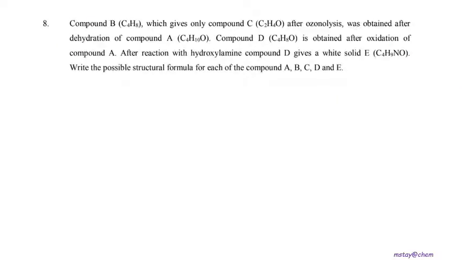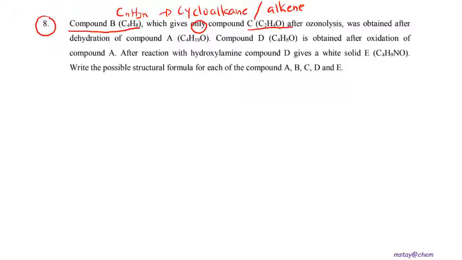Okay, continue with tutorial question number 8. Compound B, C4H8, with the formula CnH2n. So basically, we will know this is the general formula for cycloalkane or alkene, which gives only compound C, C2H4O after ozonolysis.